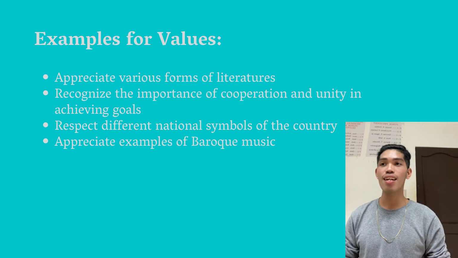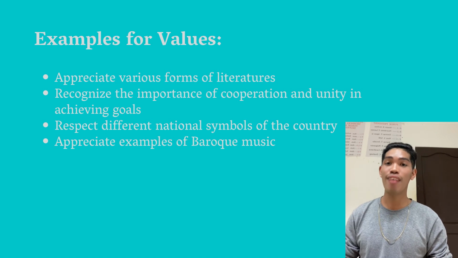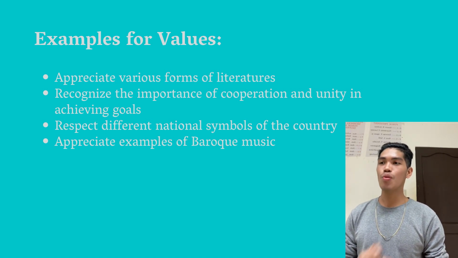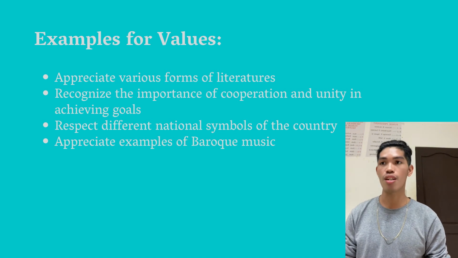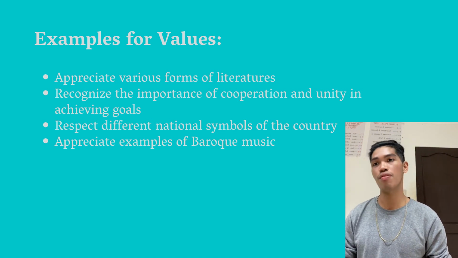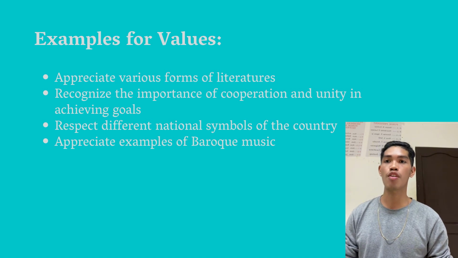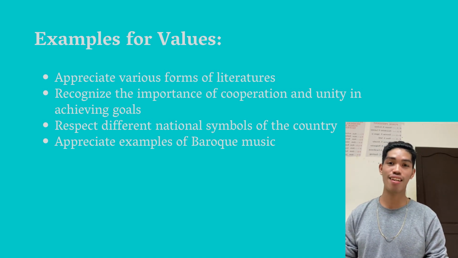In that way, you are showing a value standard. Next, we have recognize the importance of cooperation and unity in achieving goals. This really focuses on values, or the specific behavior that we have in championing unity amidst diversity.